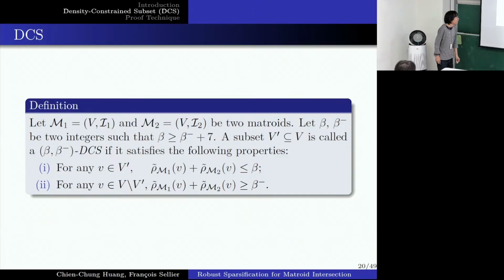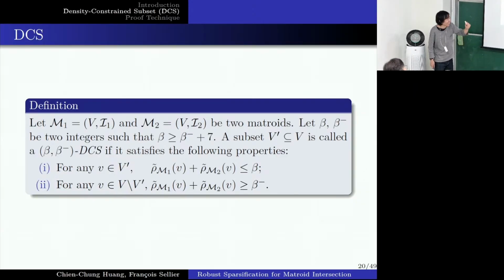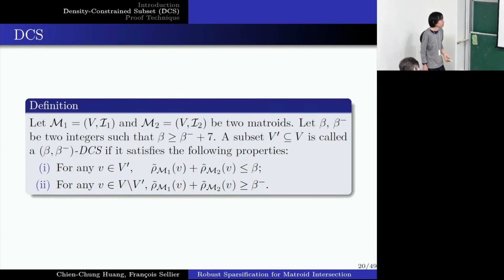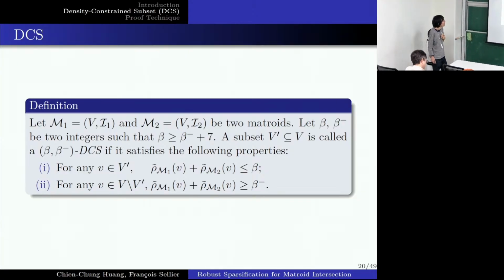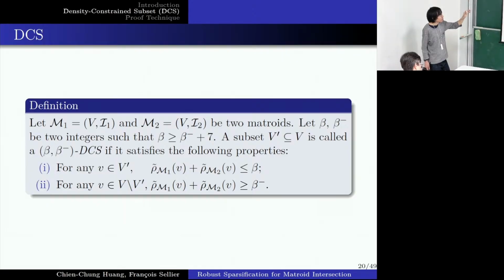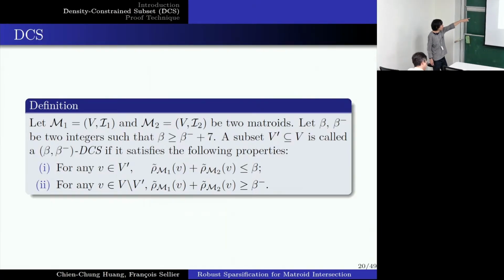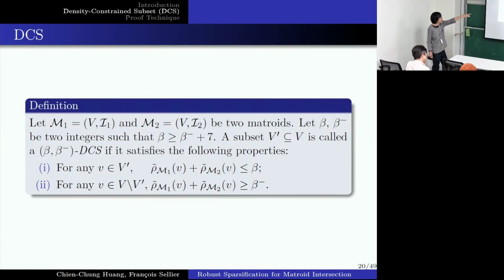After such a long introduction, I can introduce my sparsifier. If you give me two matroids M1 and M2, and two integers beta and beta minus, where beta should be bigger than beta minus, then a subset of V prime, I call this a beta beta minus DCS.